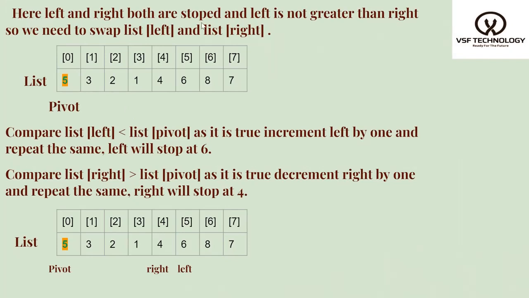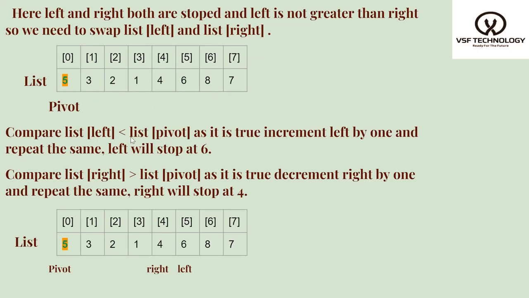Here left and right both are stopped and left is not greater than right, so we need to swap list[left] and list[right]. So element 2 and element 8 will be swapped.